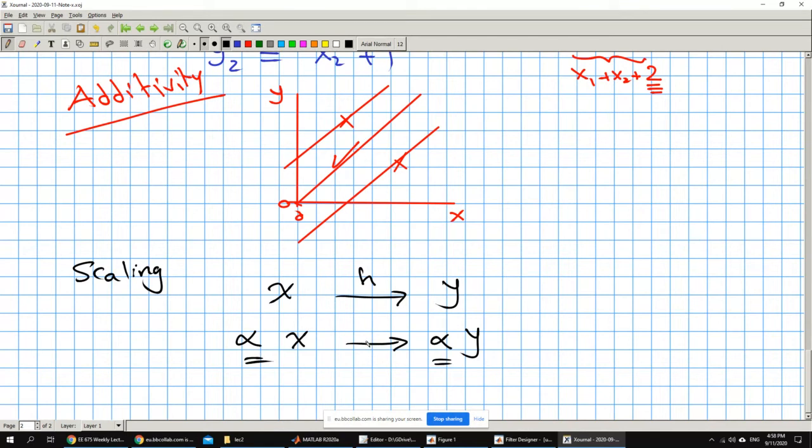This is very important, because consider the filtration of a signal. The low-pass filter, as we talked about last time, would normally look something like this. You have a certain part of the spectrum passing, and the other part doesn't pass.